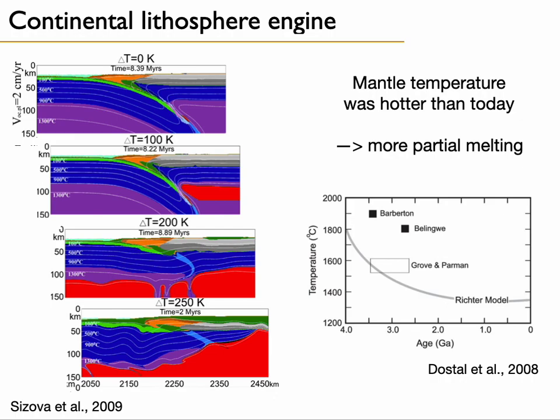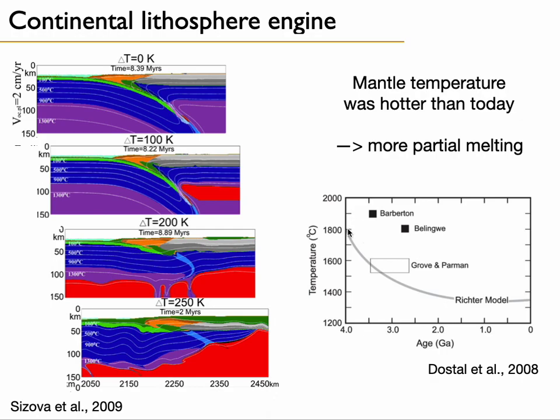So you see the mean temperature of the mantle with the age of the Earth, starting from 4 billion years to 0. And you see that the mantle temperature is dropping from 1800 degrees to 1300 degrees within about 2 to 2.5 billion years.